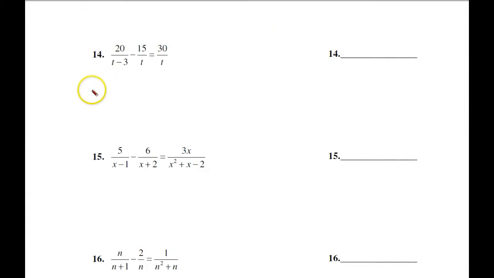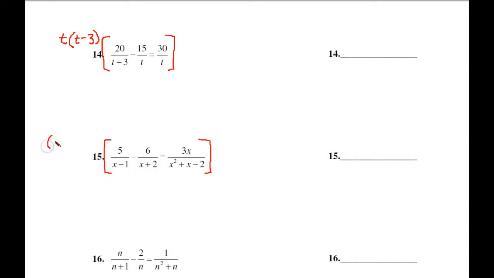Now, once again, what I want to do is show you the technique of getting rid of these fractions. And I'm not going to do every one. I skipped one already. So here my least common multiple will be t times t minus 3. And they are kind to us in that here it's going to be this multiplies to this.